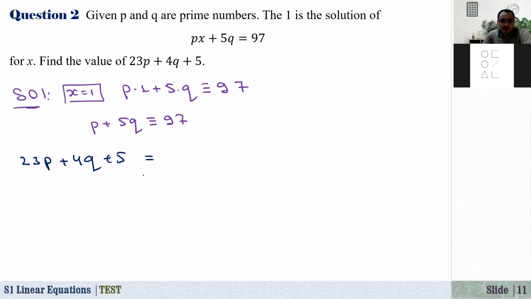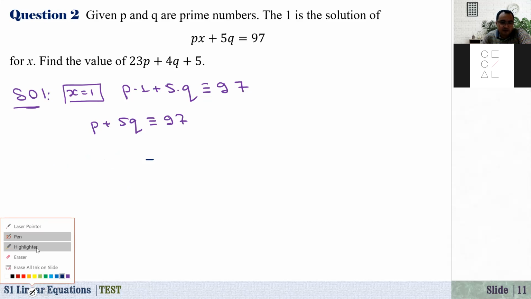Okay, I got it. Here also p and q are prime numbers. I think I forgot about this. So p and q are prime numbers, right? So here we have p plus 5q equals 97.